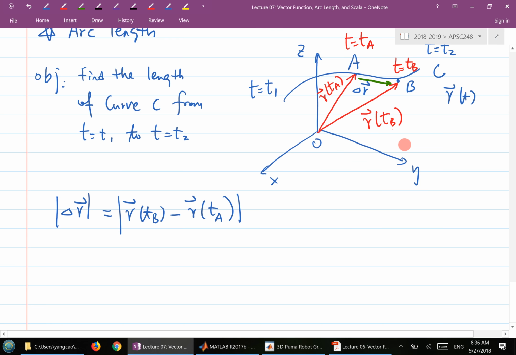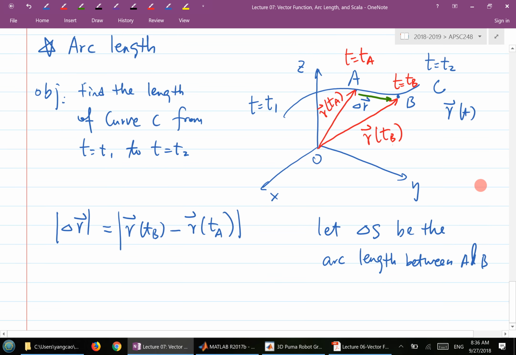So let delta S be the arc length between A and B. If I want to use approximation methods, what will be the closest approximation for the arc length delta S?